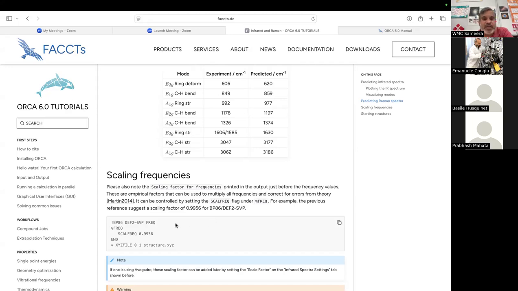And the scaling factor is very important in computing vibrational frequencies. Typically, when you do computations, errors can be made, and there are some systematic studies showing how to minimize these errors. So please have a look at this paper.